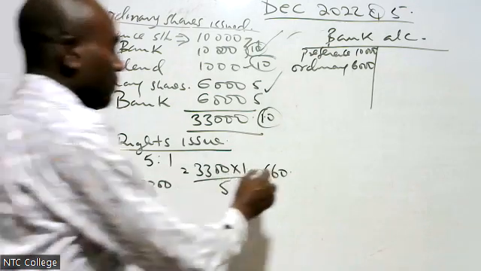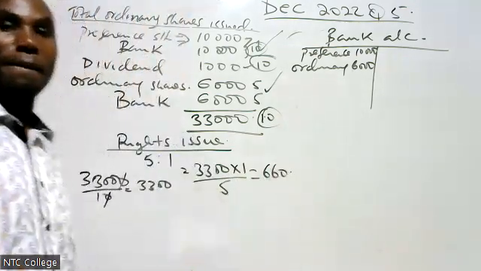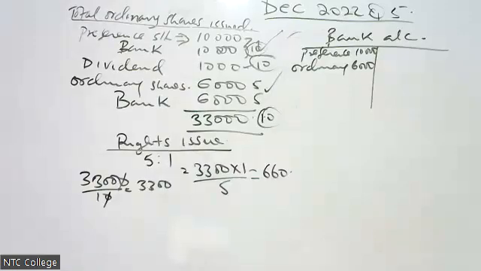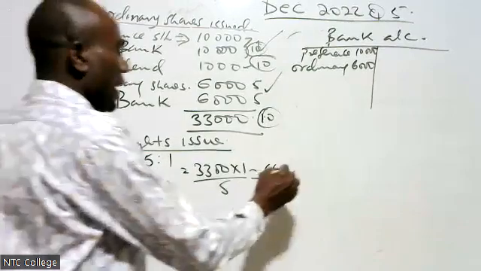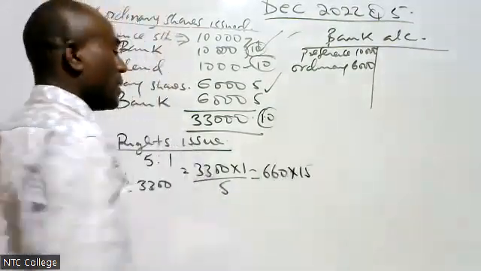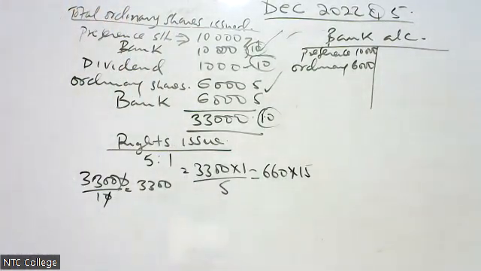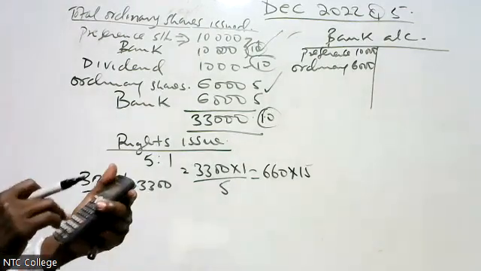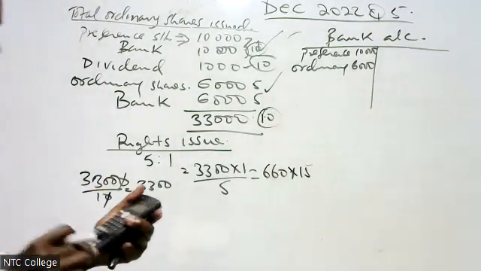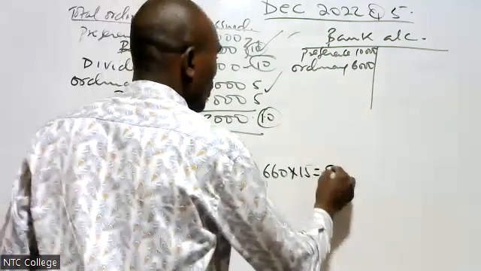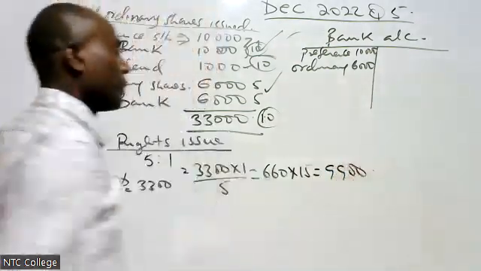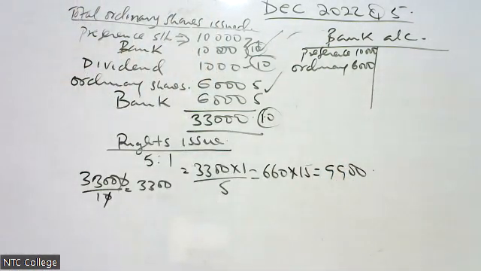This 660, I'm going to multiply by 15. Exercise price was 15. Therefore, times 15 equals 9. That is what we are receiving from the shareholders.